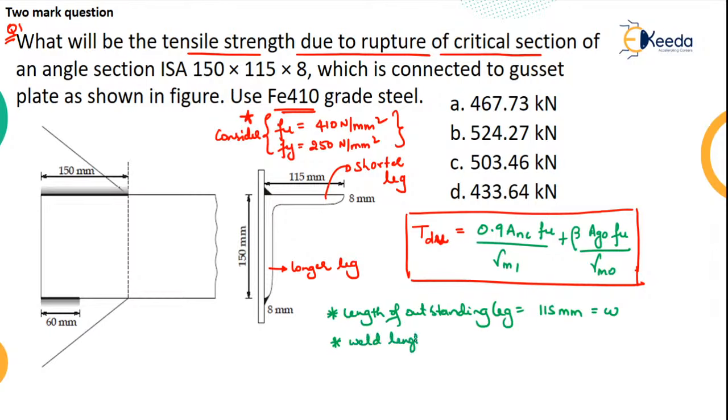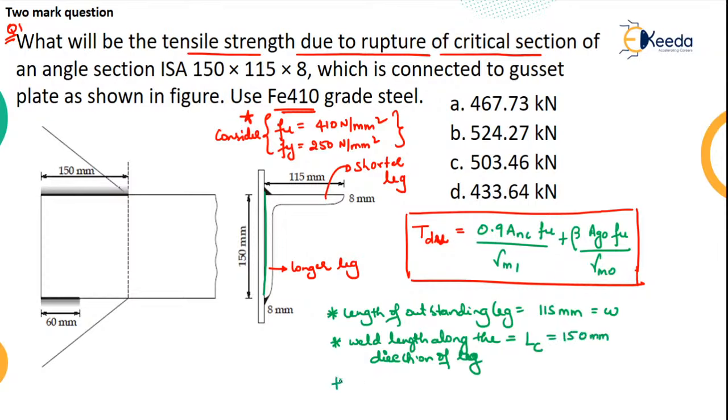Now the leg is like this, right? So the weld length will be the length of this particular longer leg. So Lc, I'll call it as, it is 150 mm.